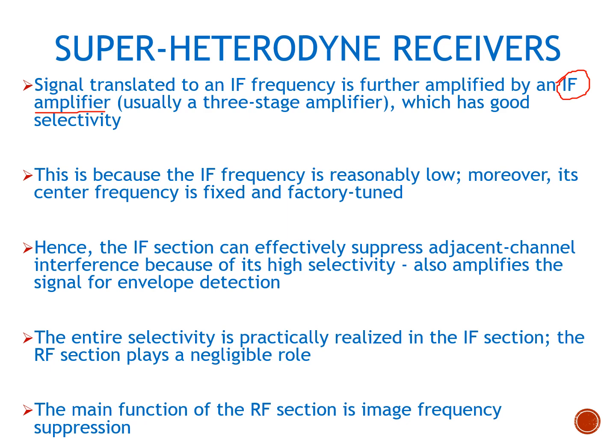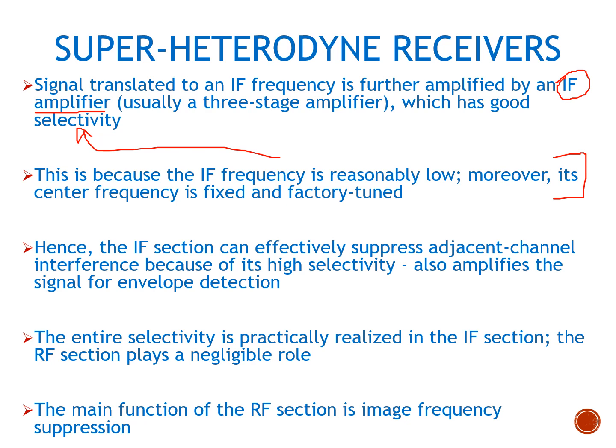We don't need tunable components after the IF stage, because the IF frequency is reasonably low, and its center frequency is fixed and factory tuned. This is the main benefit. Because of these features, we get more selectivity at the later stages.